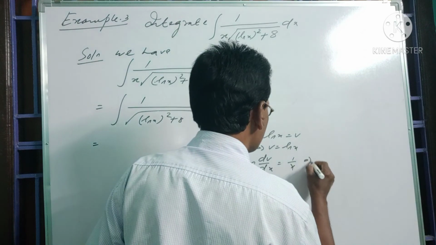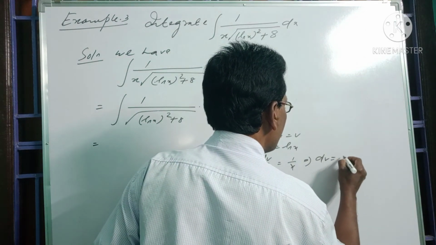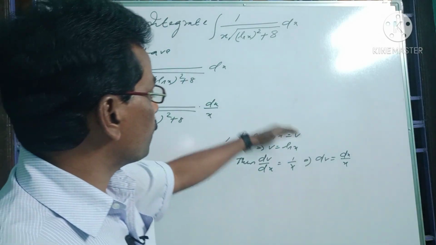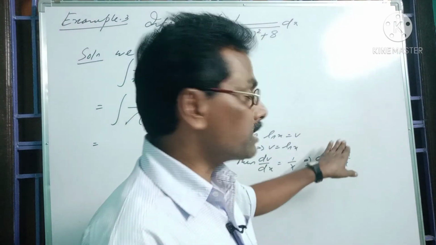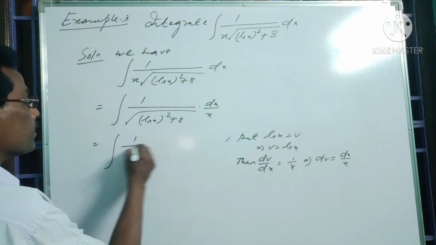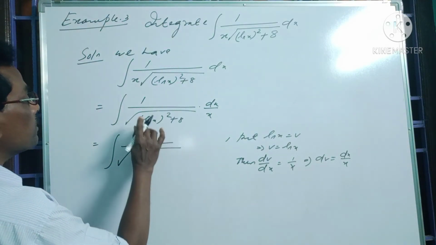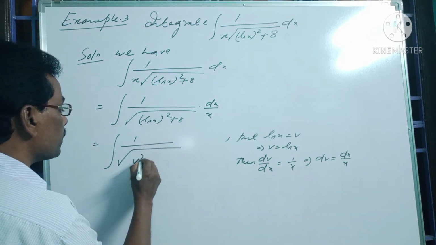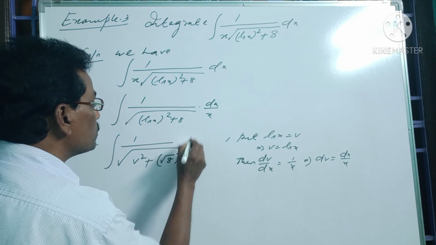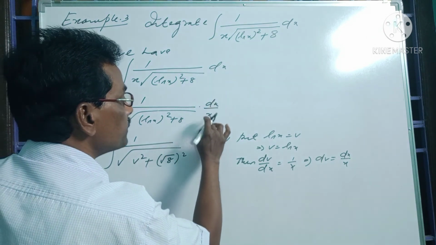Simplifying, it gives us dv is equal to dx by x. Now replacing in the integral, it gives us the integration of 1 by root of, in place of ln x we have v, that is v square, and 8 can be expressed as the square of root 8, with respect to, in place of dx by x we have dv.